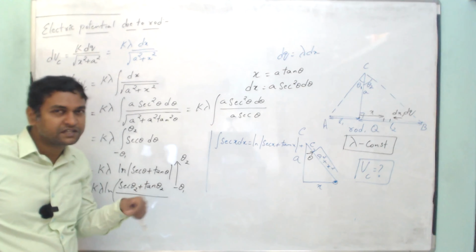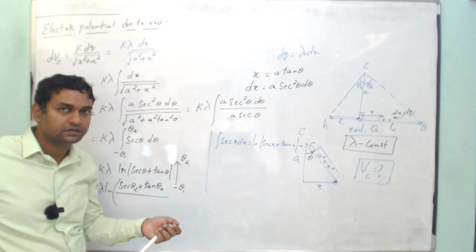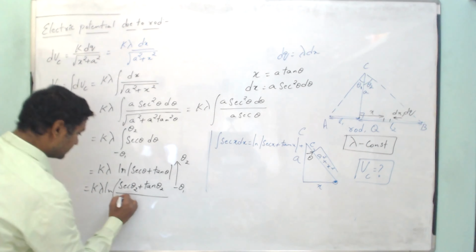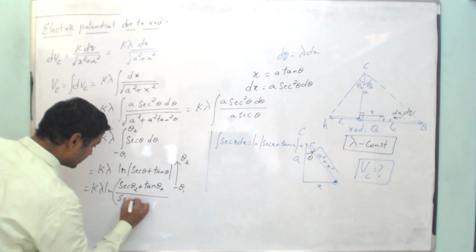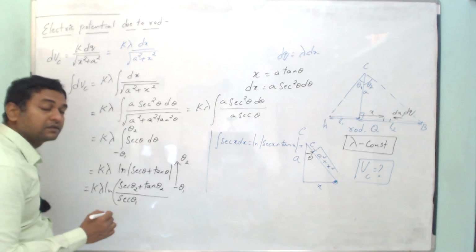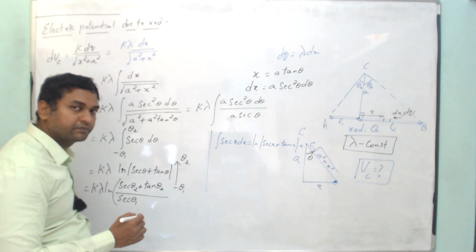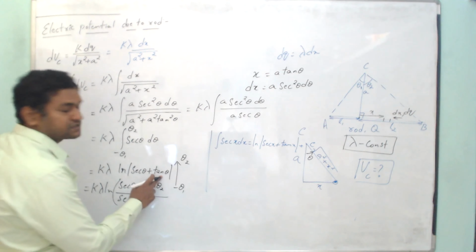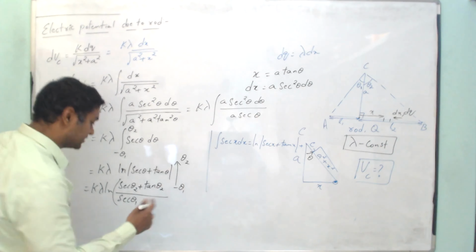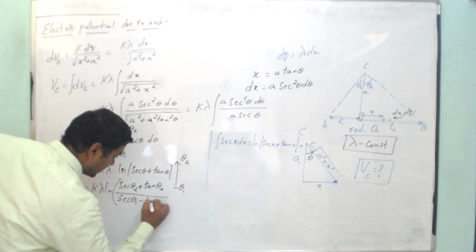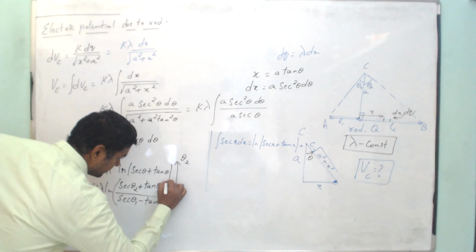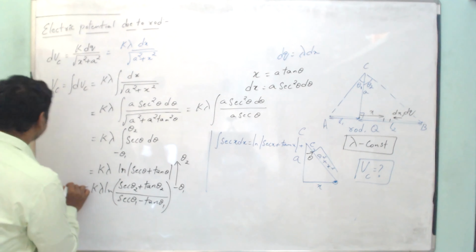Cos of minus theta is cos theta, so this will still be secant theta 1. Tan will become minus, so minus tan theta 1 is our answer.